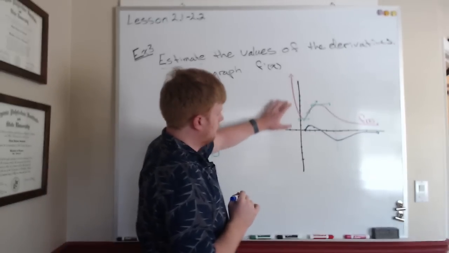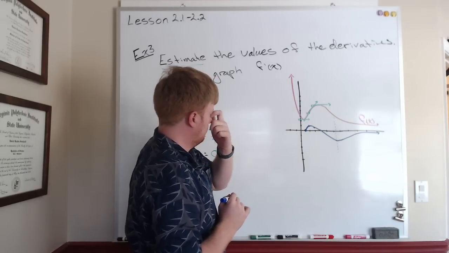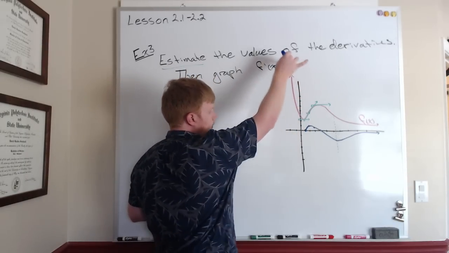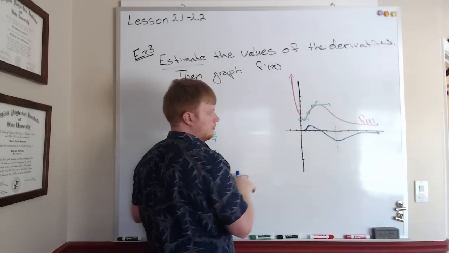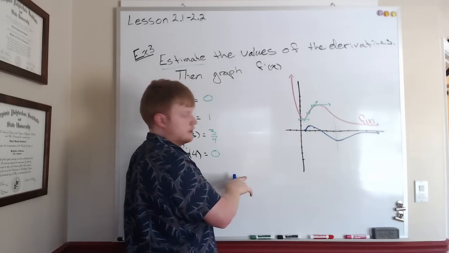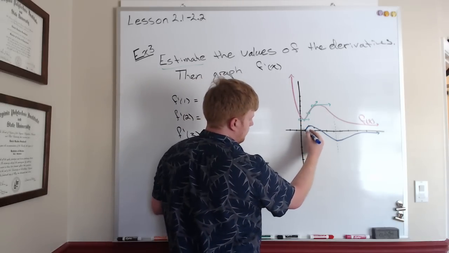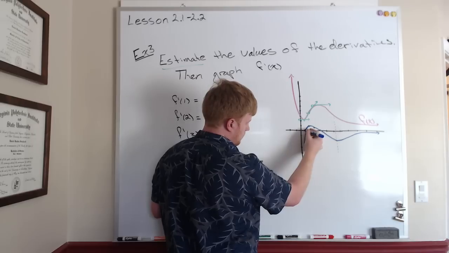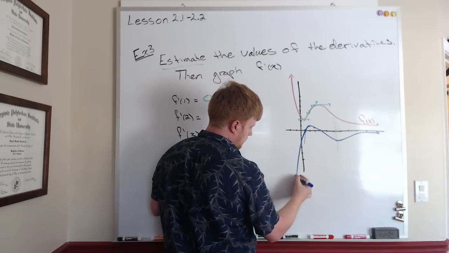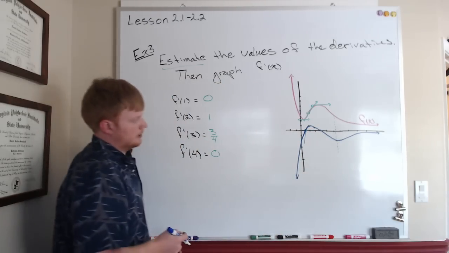In the beginning, my slope is very, very negative, but quickly becomes 0. So something like that.